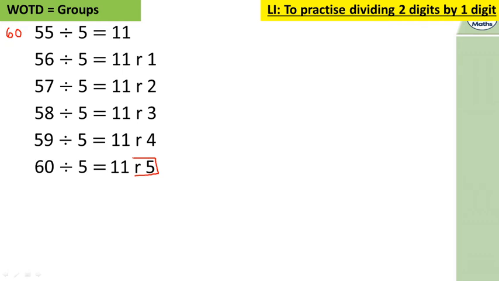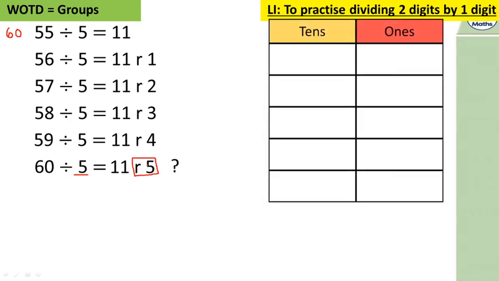If you look at that, it's saying we're looking for groups of 5. Can you have a remainder of 5, or could you put that in a group? So this is just saying, let's have a look at this. I've got 60. If I divide that by 5, I've got 1 group of 5, so 10 in each of my groups.